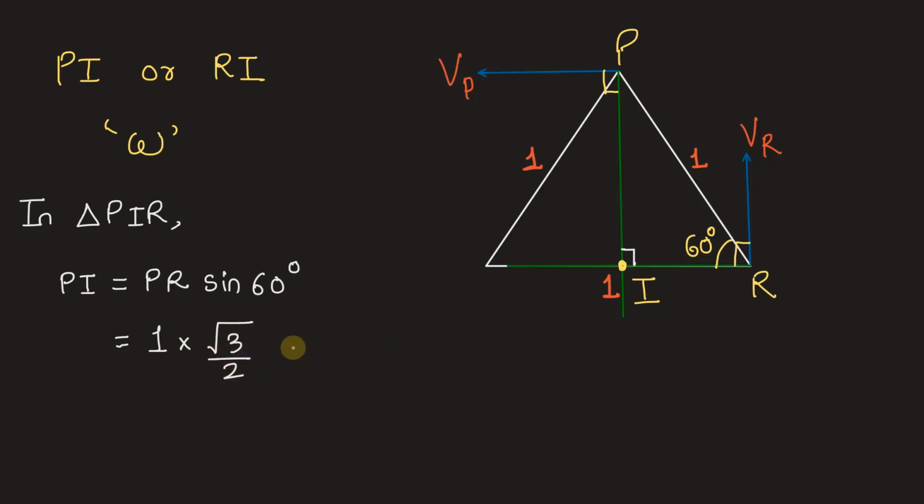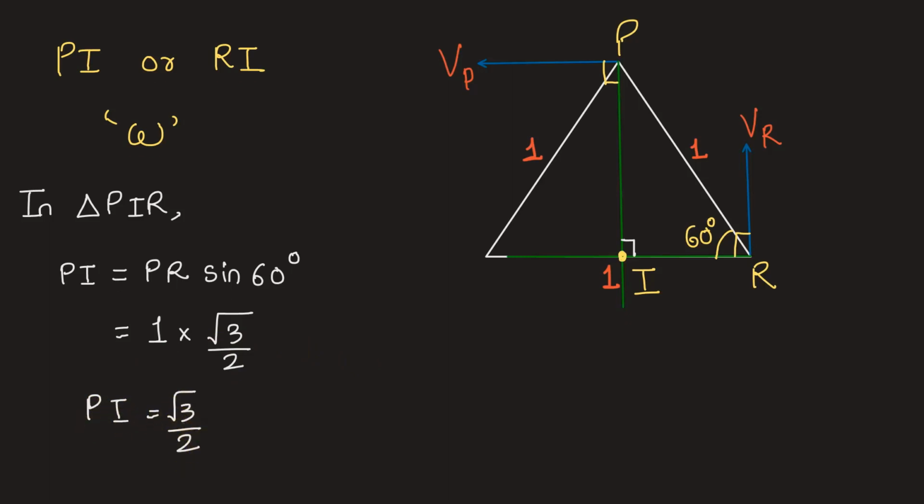So we have the value of PI to be root 3 by 2. Next we need to find the distance RI. For that we will use RI equal to PR cos 60 degrees, which is equal to 1 into cos 60, that is 1 by 2. So we have RI to be 1 by 2.